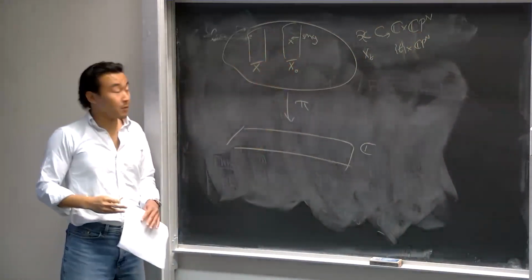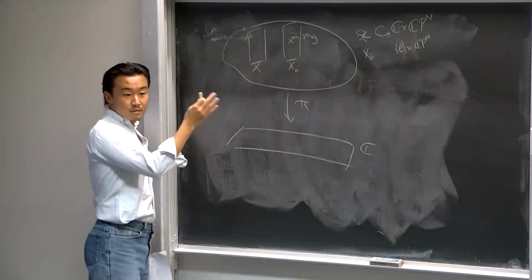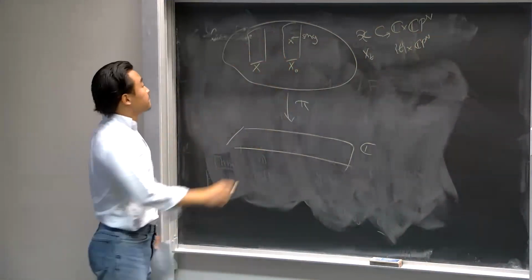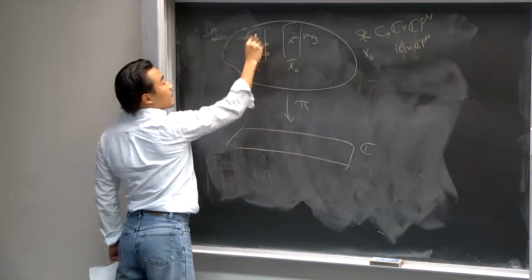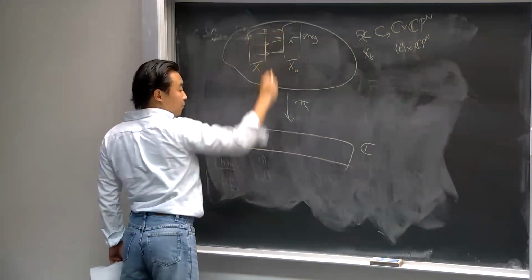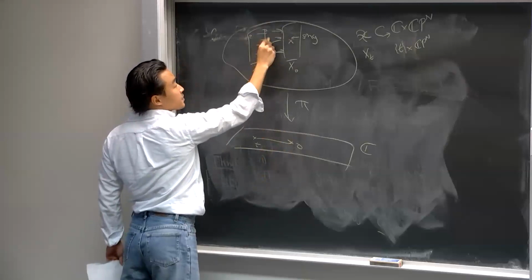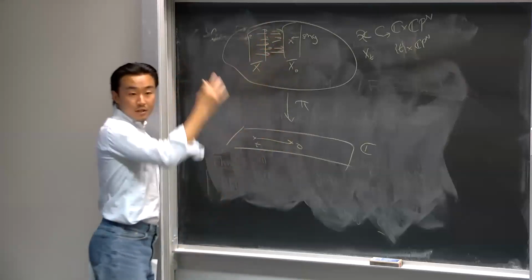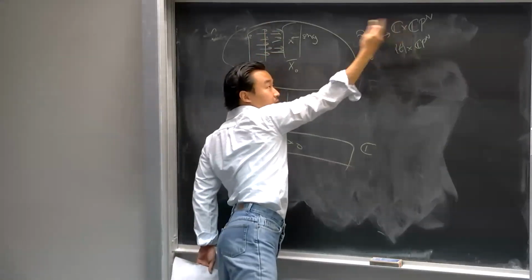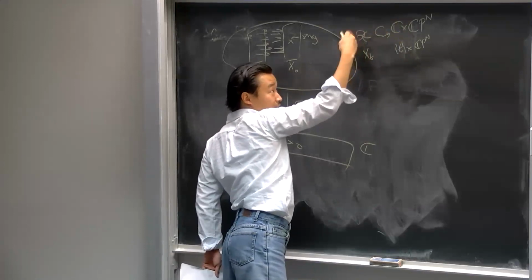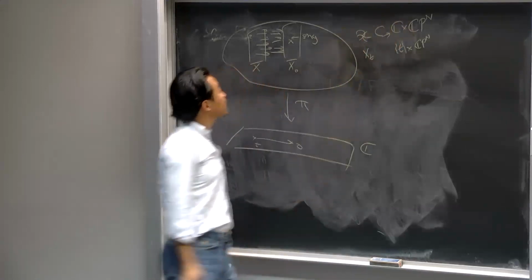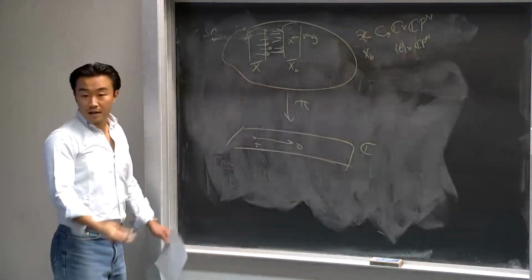away from the singular locus and define a symplectic connection for a given path. Because you can lift the path by using this symplectic connection coming from the form on the X, and define vanishing cycles.